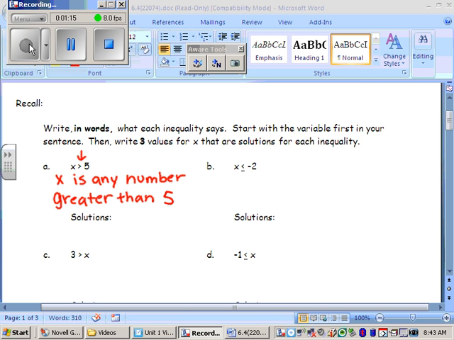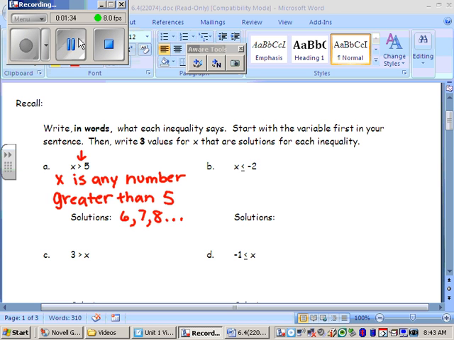So x can be an infinite amount of numbers. So to write the solutions, you want to think of any number greater than 5. So your solution could be 6, 7, 8, or any number larger than that.